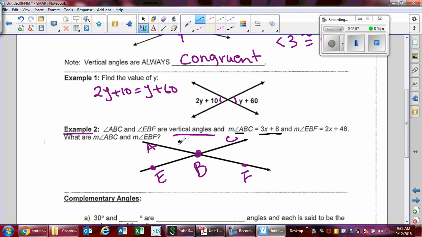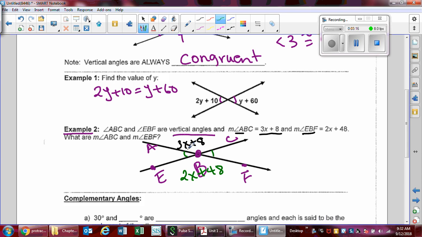So I can say, okay, this is 3x plus 8. And then EBF is given to be 2x plus 48.